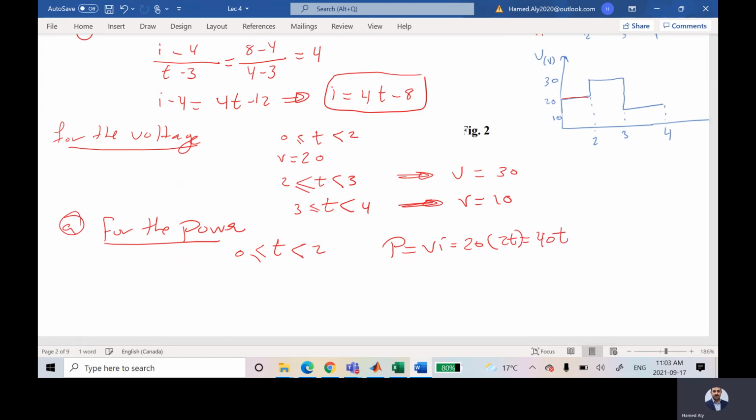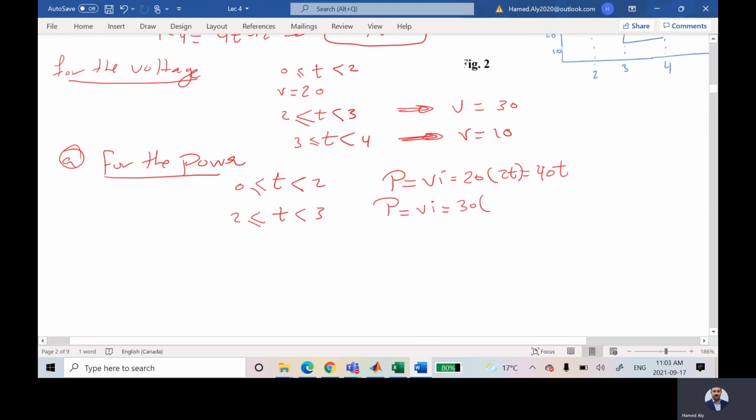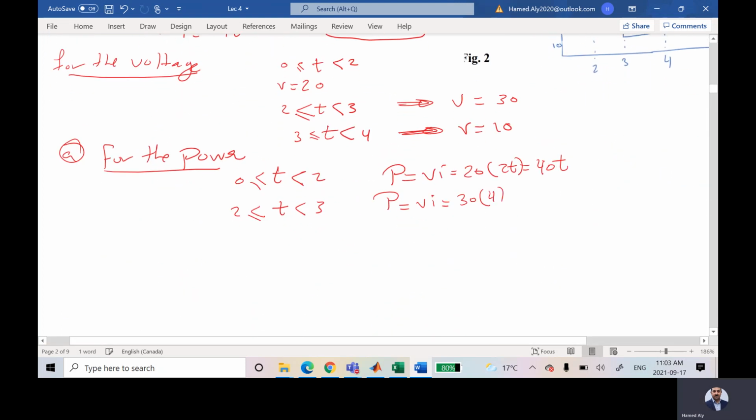So at the end, I have 40t. Then for t in between 2 and 3, I'm expecting that the power is equal to VI. Actually, V was equal to 30 and I was 4. So I'm expecting 120.